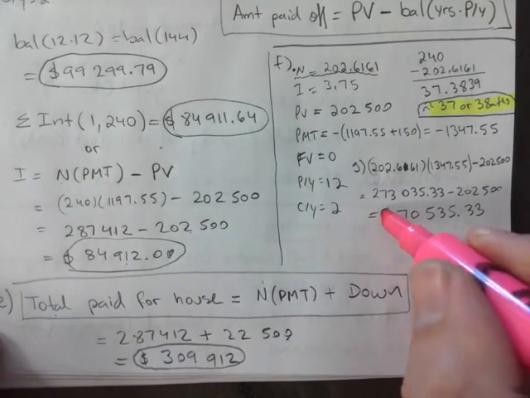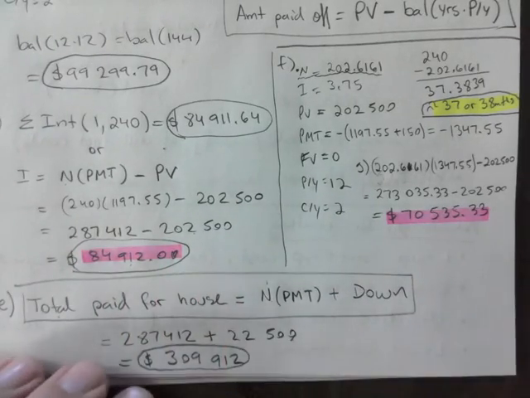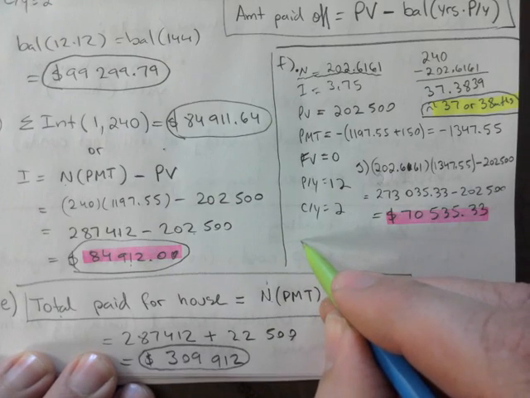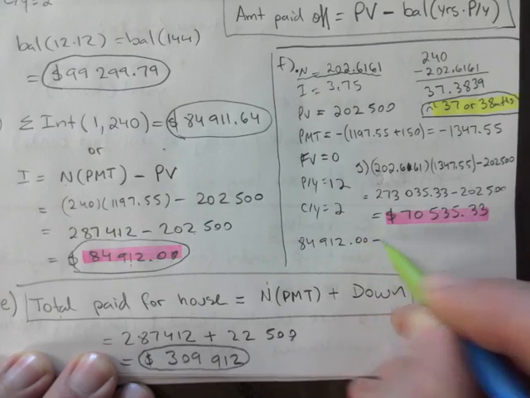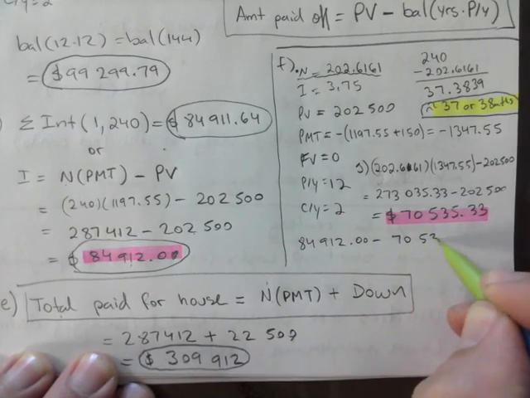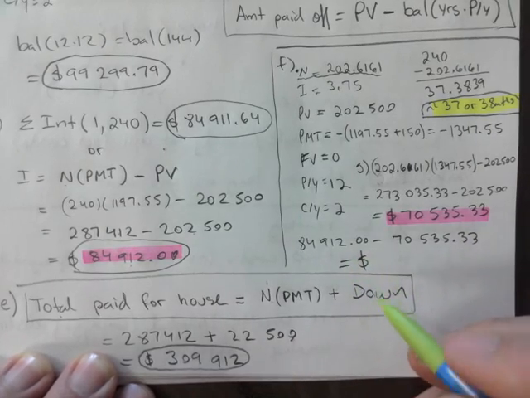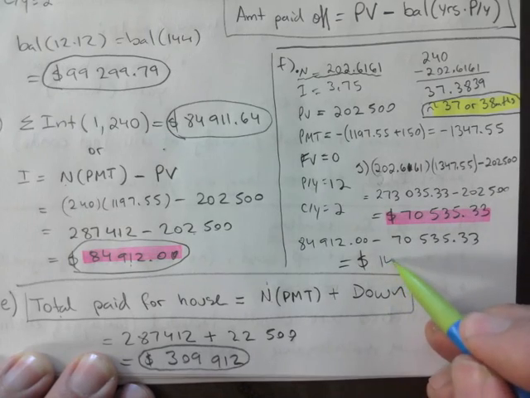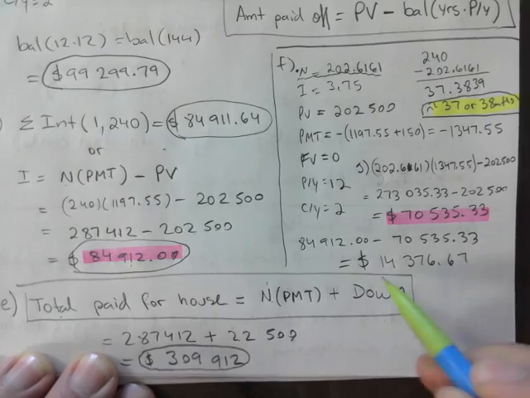I'm going to say red or pink. So I'm going to say 84,912 minus 70,535.33. Here it is, 14,376.67.